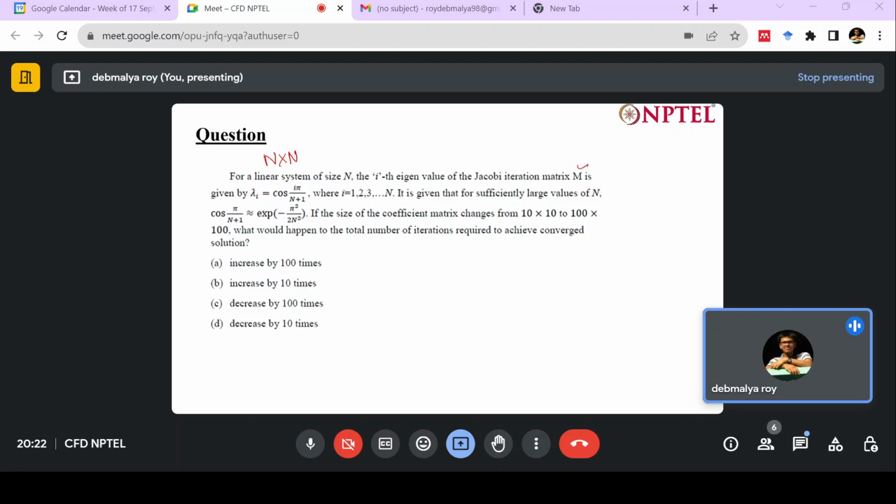How many eigenvalues will there be? There will be n eigenvalues, right? Because this is an n-dimensional matrix. So this will vary from cos of pi by n plus 1 to cos of n pi by n plus 1.